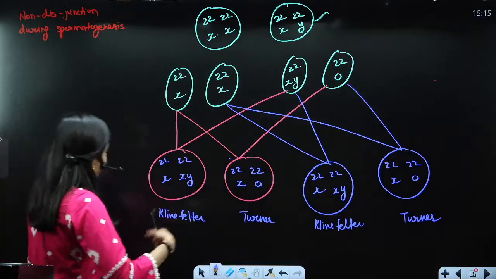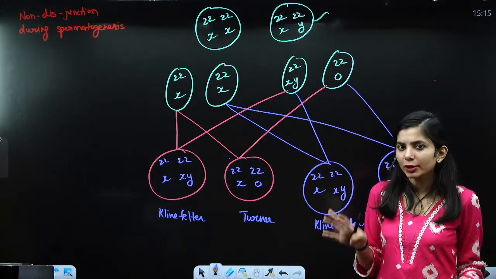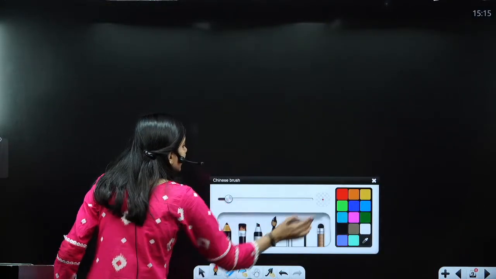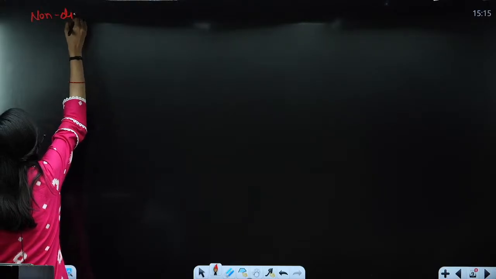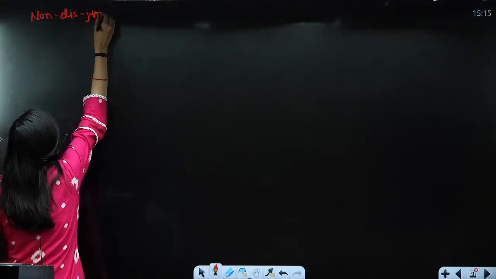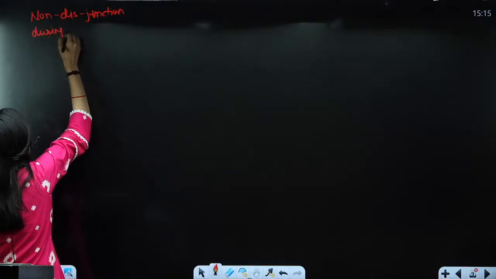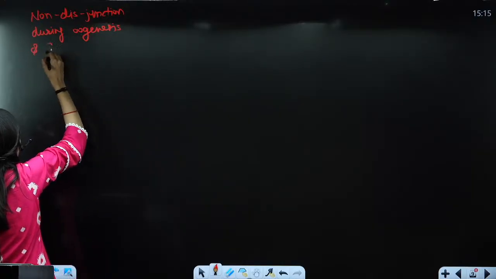Fine. Now the next case is going to be, I hope this much is easy and you are able to relate with it. Now let me specify the next one, and the next one is being considered as the rarest one as well. So this is being specified as non-disjunction during oogenesis and spermatogenesis.